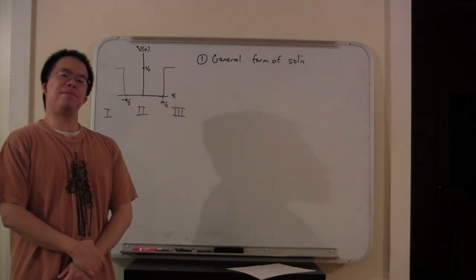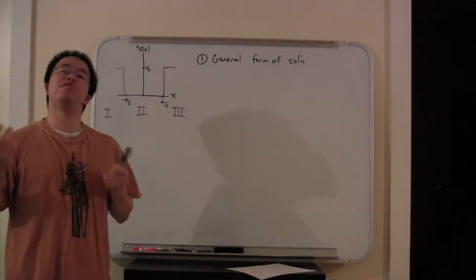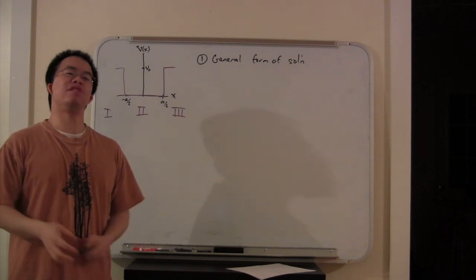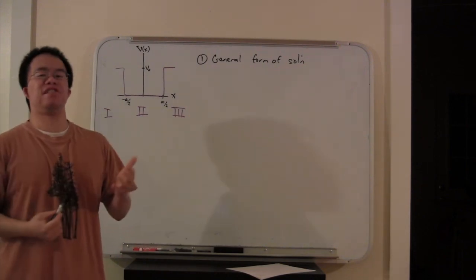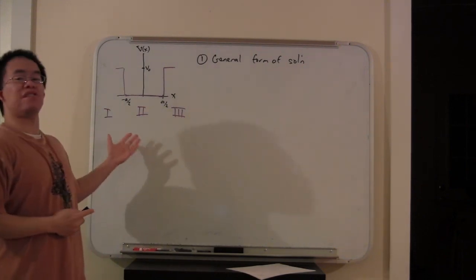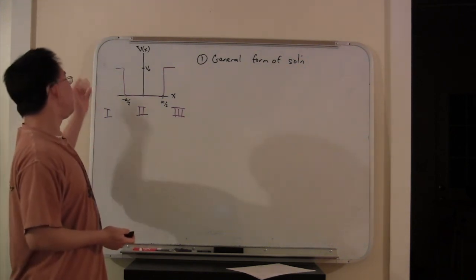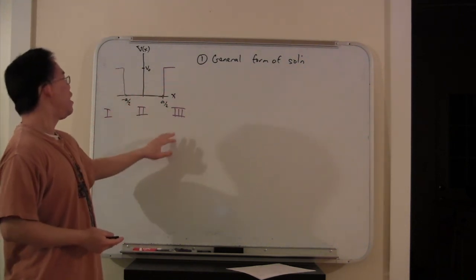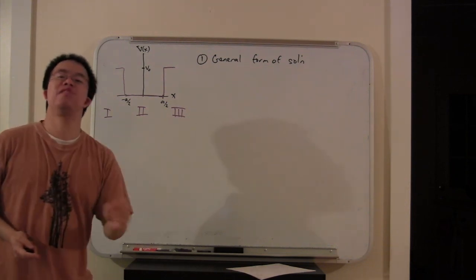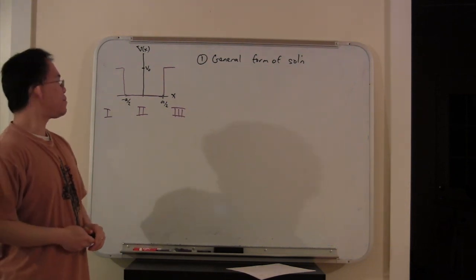So our first step is going to be to write down the general form of the solution piecewise if necessary. This is the first example where we will have to work piecewise because we have three different regions in each of which the potential energy is different.